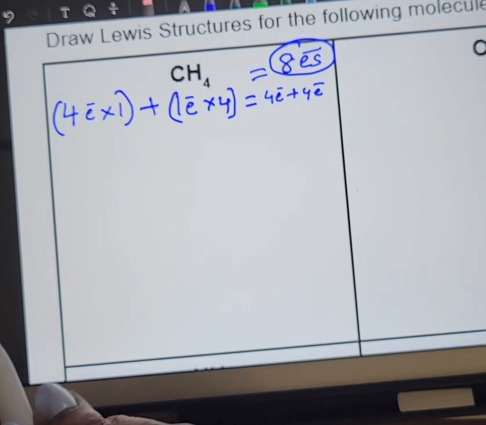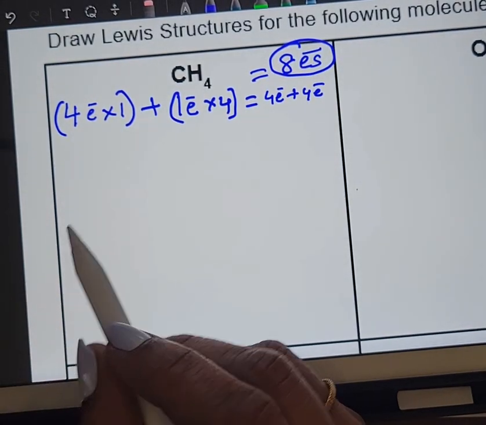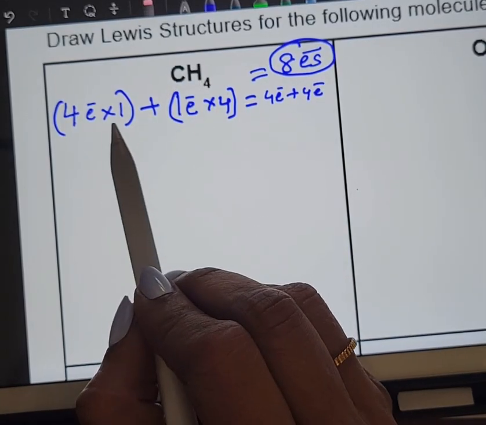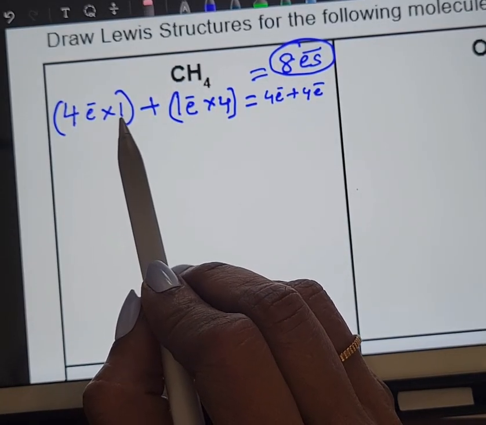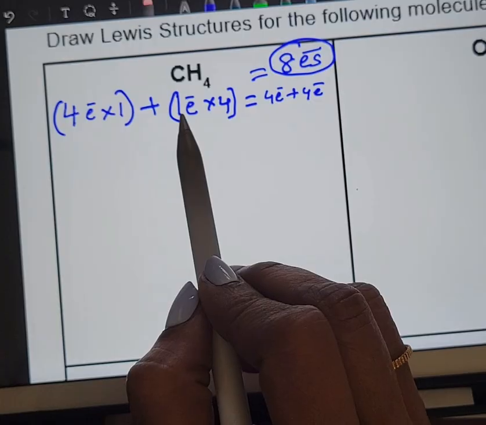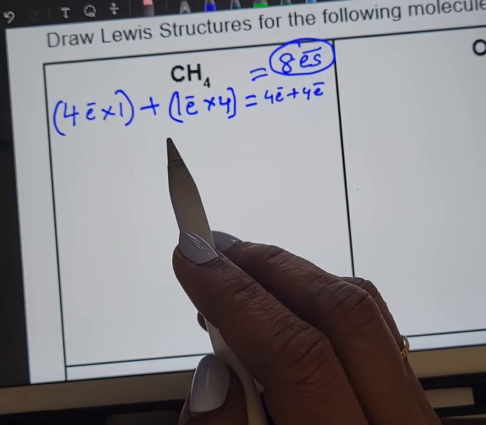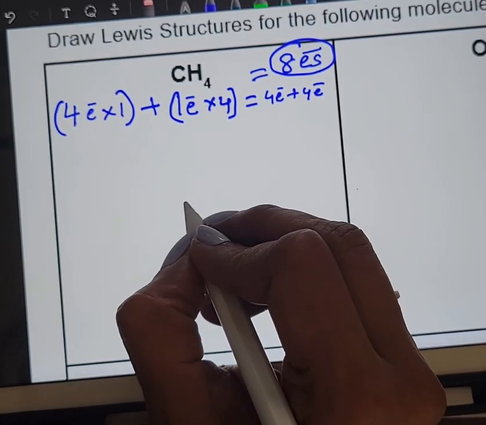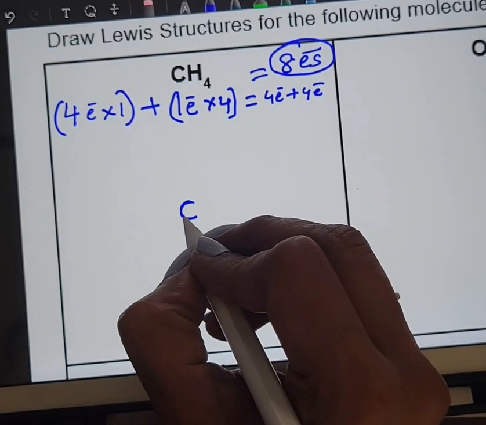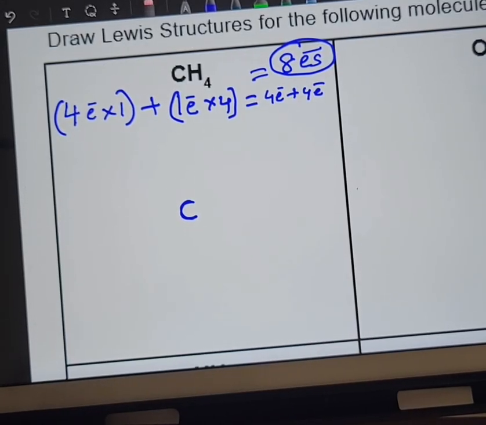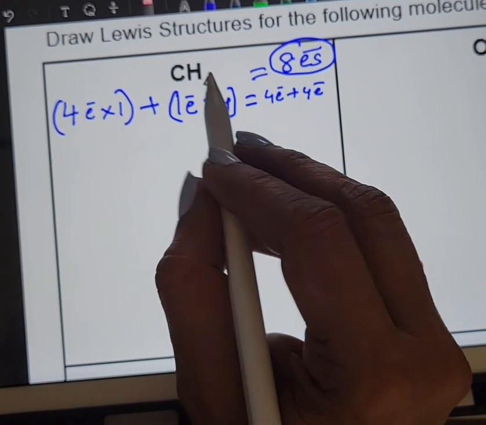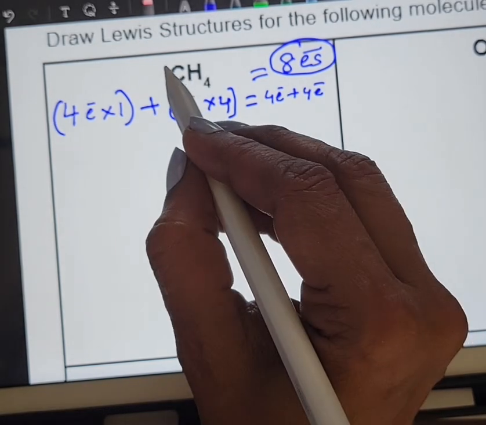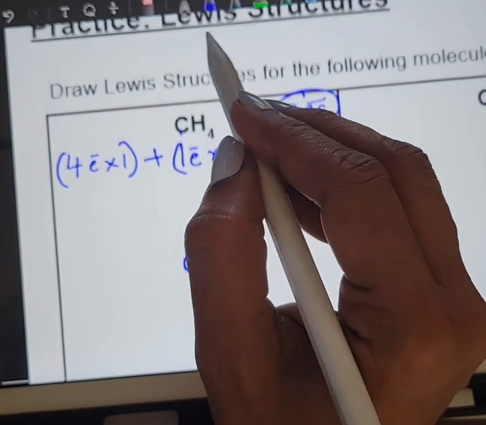So decide the central atom. I said always the least number of valence electrons will come in the center. So hydrogen is the least number, but as an exception, hydrogen will never come in the center. So carbon will come in the center. So I will write carbon in the center, and this is the central atom. I would label it like that so that it will be easy for you.